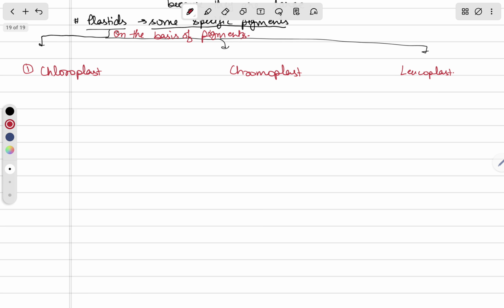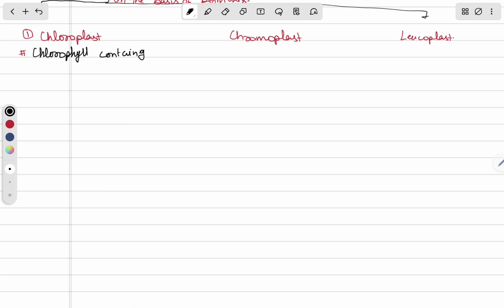So first we discuss chloroplast. Chloroplasts are chlorophyll containing green colored plastids. So the color of chloroplast is green, the color of chromoplast is colored but other than green, right?